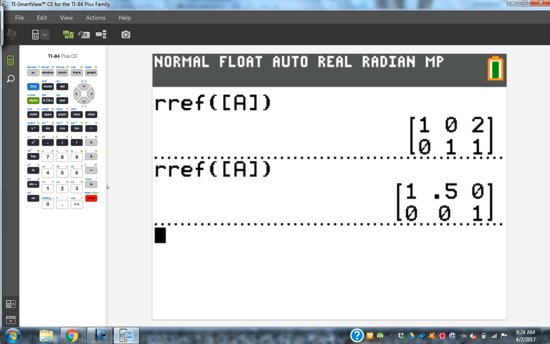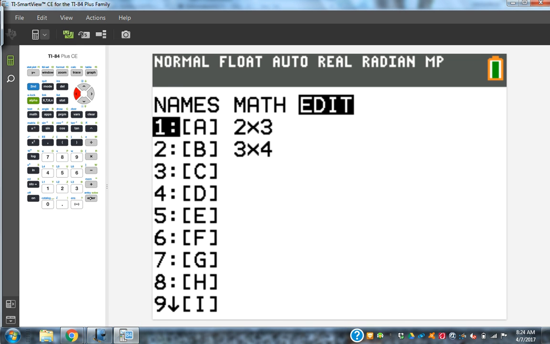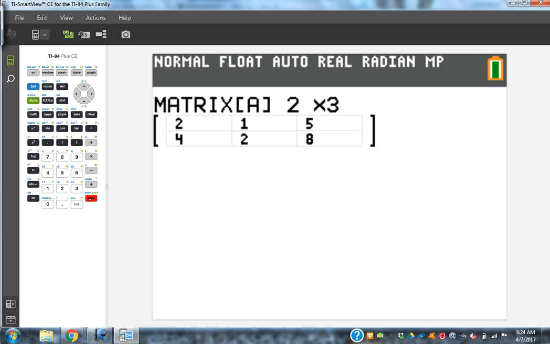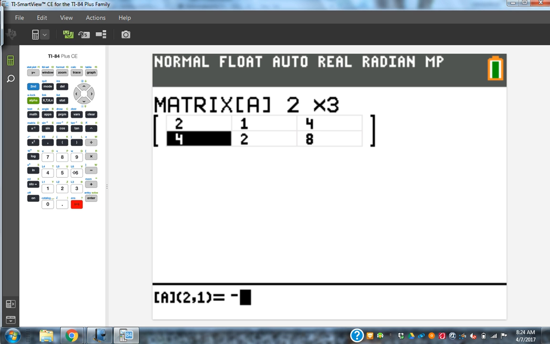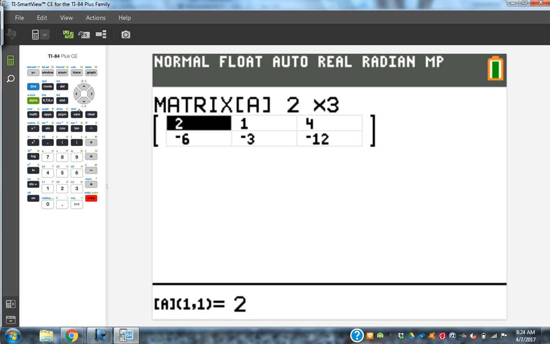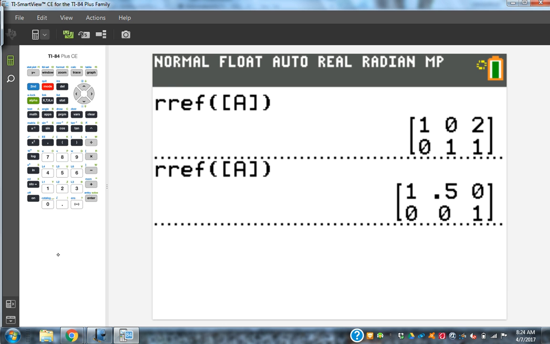So through RREF for this, second matrix, edit, 2 by 3: 2, 1, 4, and then negative 6, negative 3, negative 12. All right, got everything in there correctly.